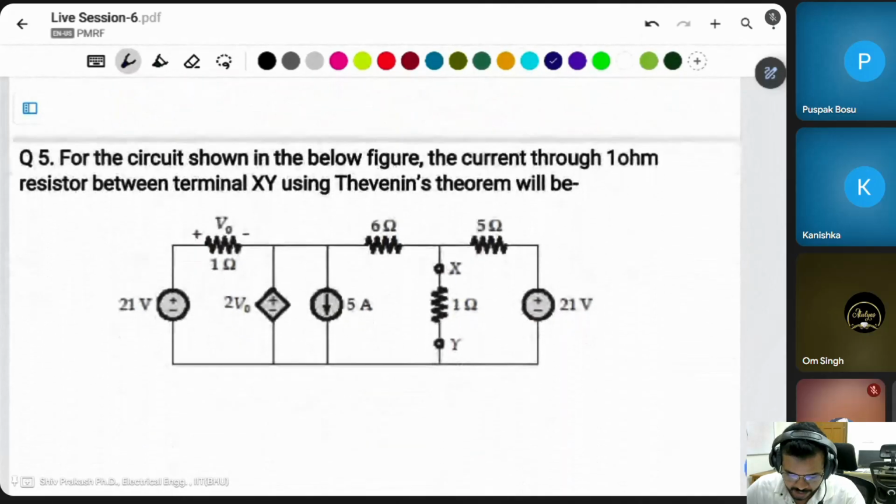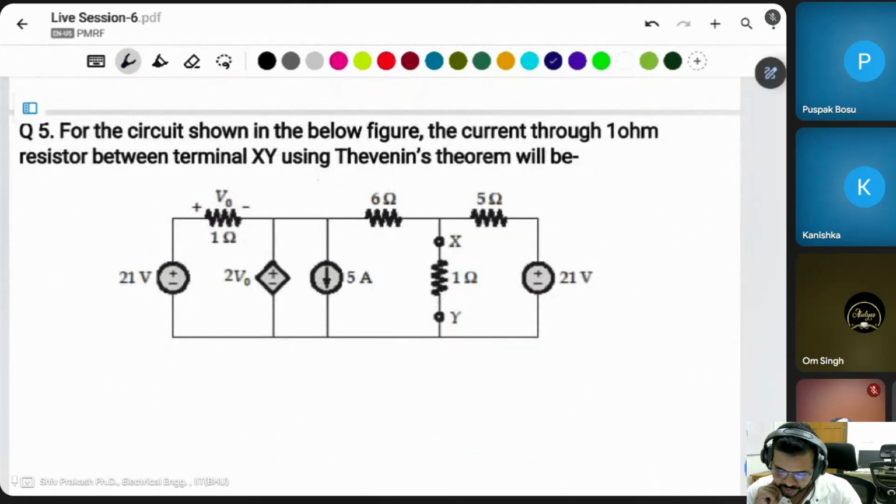Okay, let's check the next question. For the circuit shown in the below figure, the current through the 1 ohm resistor between terminals X, Y using Thevenin theorem will be.